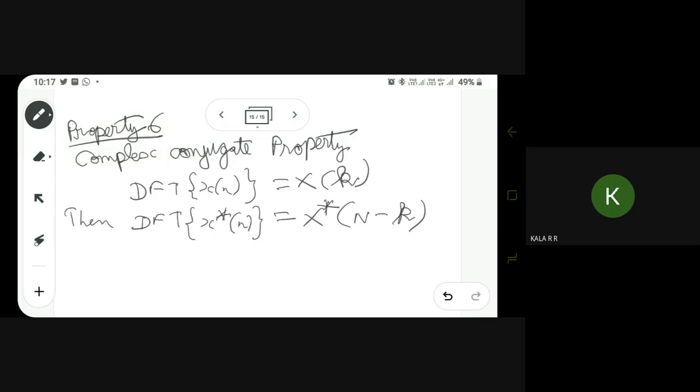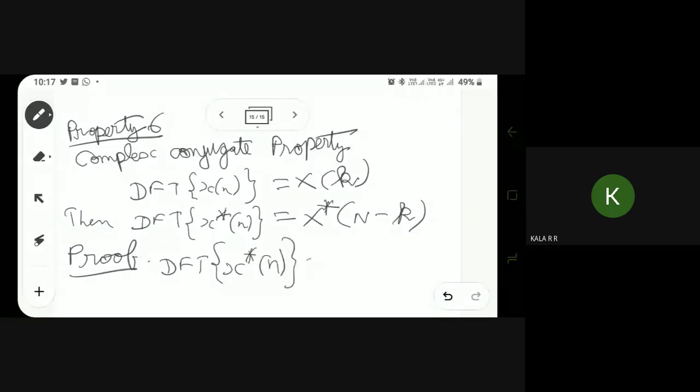How does this happen? You can see the proof. Okay. For the proof, DFT of x star of n will be equal to the normal thing. Okay.